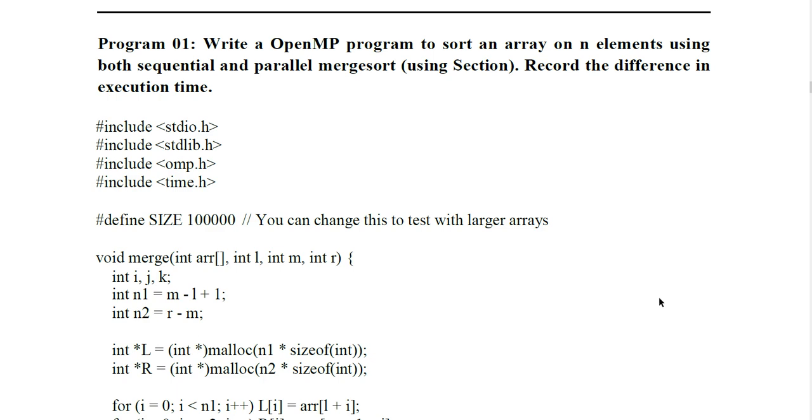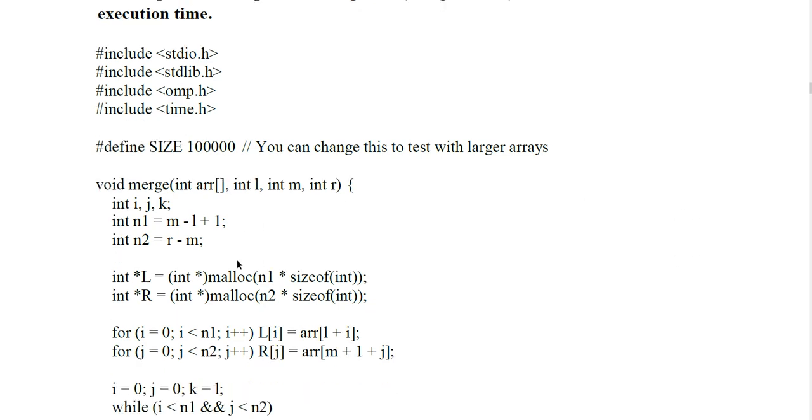Now we are going to see the merge function. So we are initializing the merge of integer array, integer l, integer m, and r. Here this merges two sorted halves into an array of sorted segment.